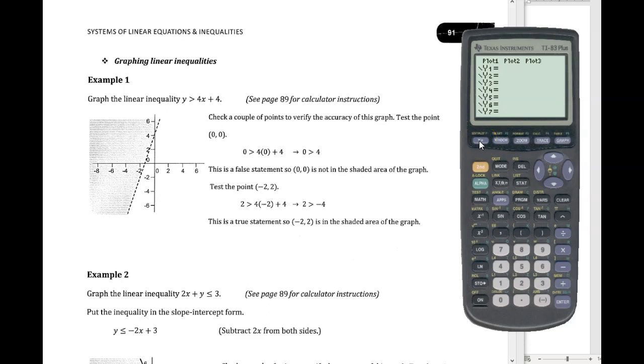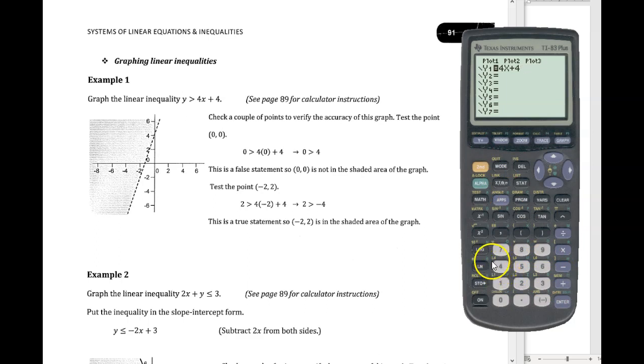So once you isolate y in your inequality, we're going to put the right side of the inequality, in this case 4x plus 4, in this screen. So we're going to say 4, this is the variable x button here, 4x plus 4.